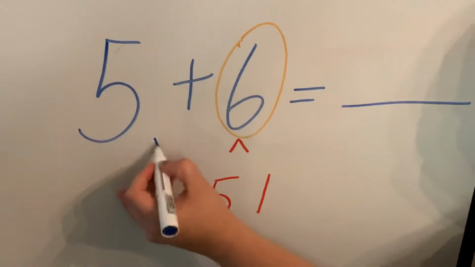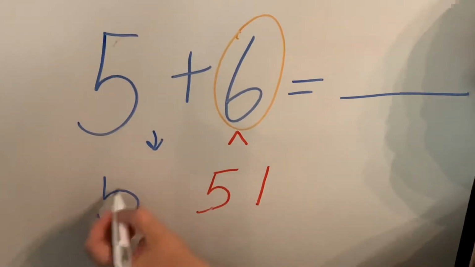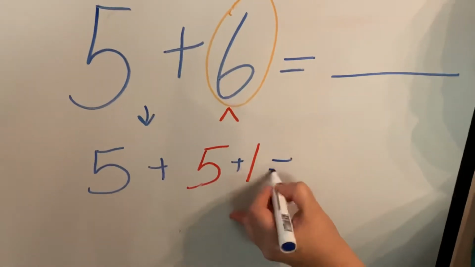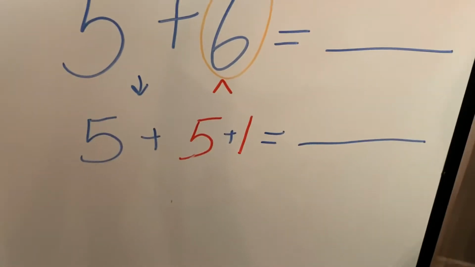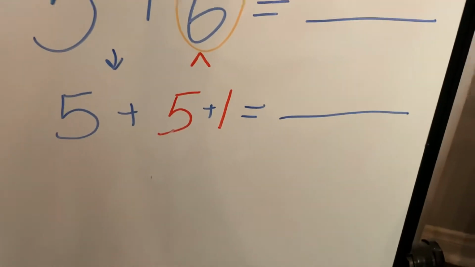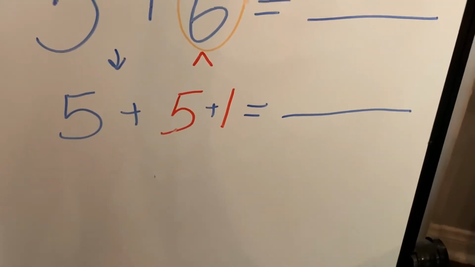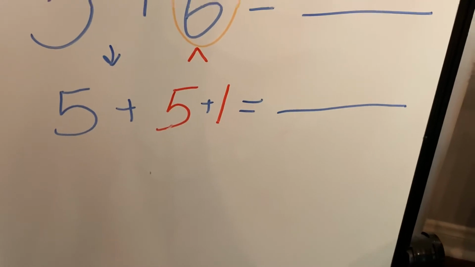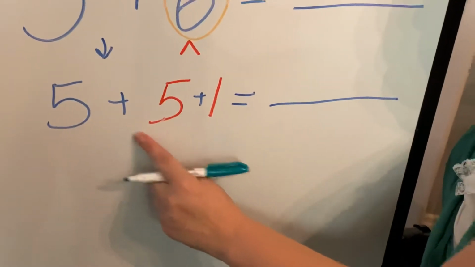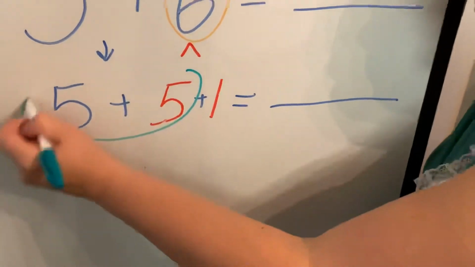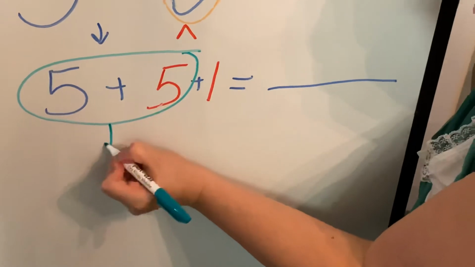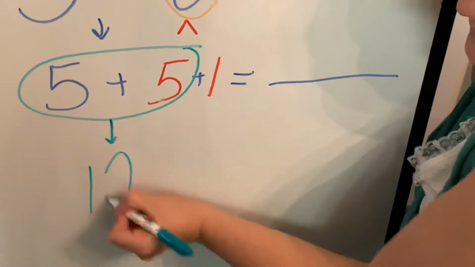So then I'm going to bring this down. 5 plus 5 plus 1 is the same as blank. Okay. I'm putting my doubles together. So 5 plus 5 is my double. And we all know that 5 plus 5 is the same as 10.